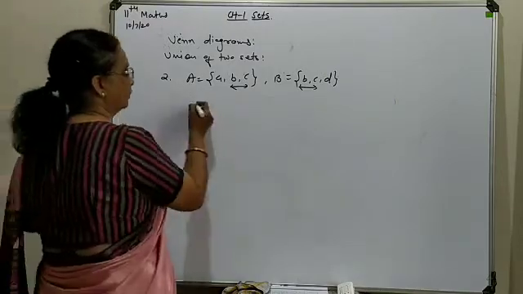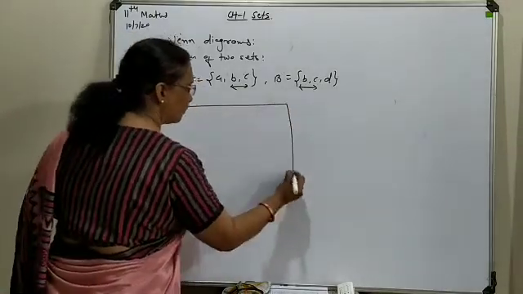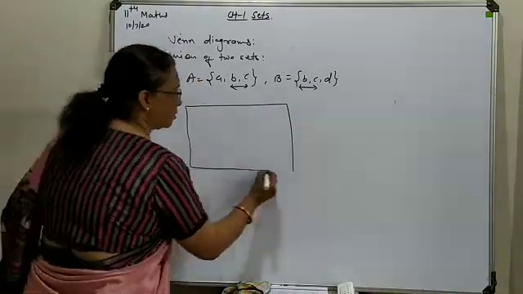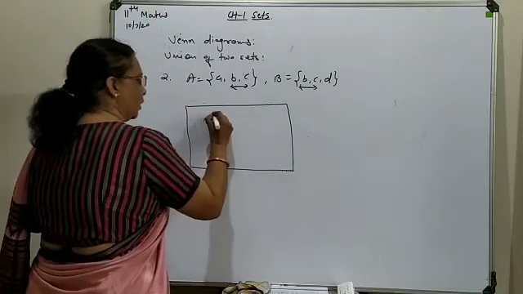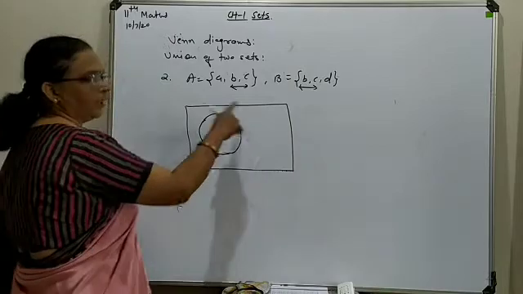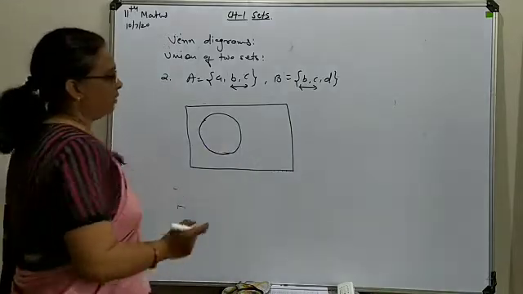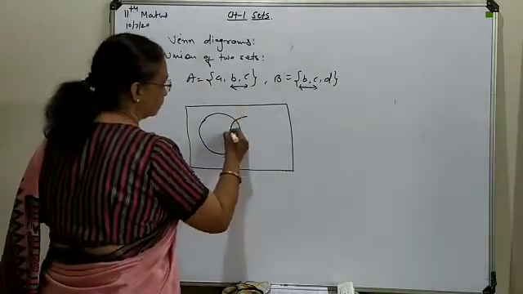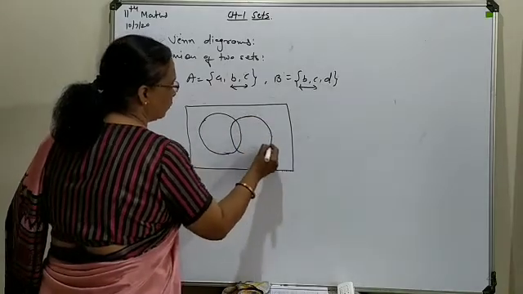So basically, form a rectangular box. When you have common elements, in the diagram also we require a common section. So this way you will draw the intersection of two circles.